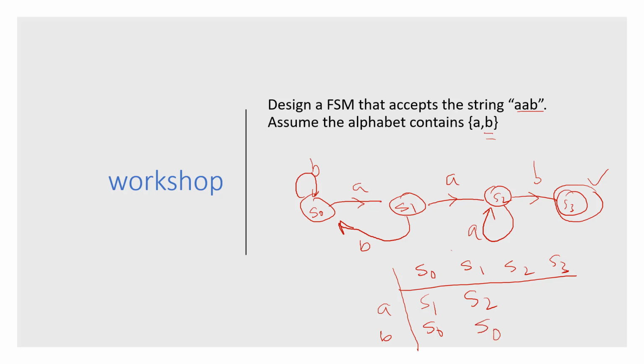S2 and A should stay in S2, S2 and B should go to S3, and that's the final state. We don't really do anything in the final state. So this completes the demo. I think we have done a number of things where you would be able to design a finite state machine.